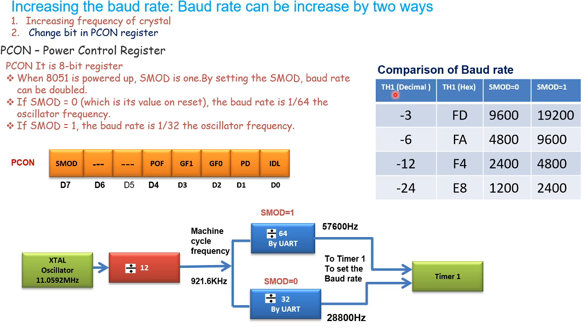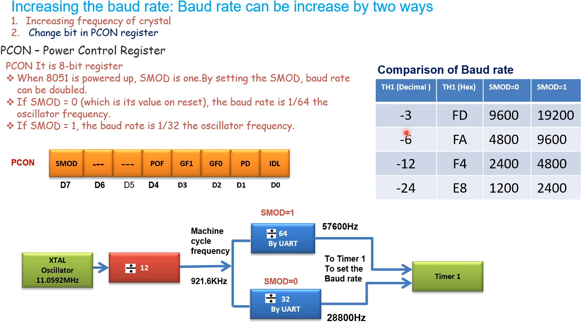If we load the decimal value -6 in TH1, then the baud rate is 4800, and the hexadecimal value is FAH. When SMOD is equal to 0 it is this, and when SMOD is equal to 1, it gets doubled.